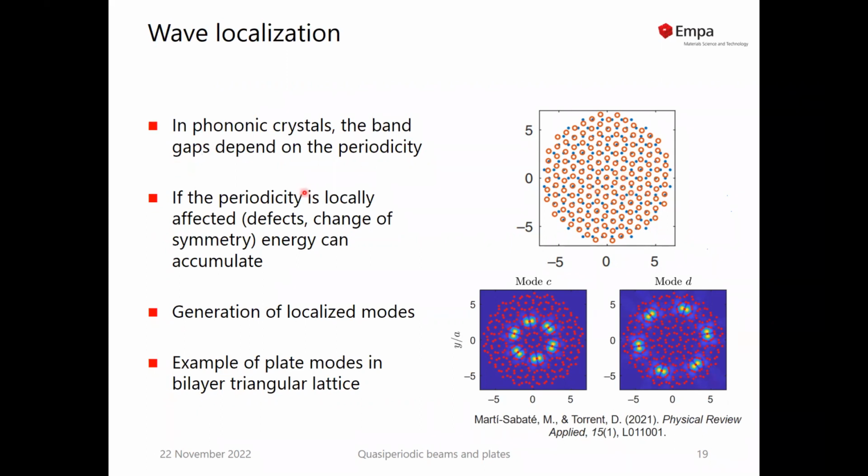And both these mechanisms, so local defects, overlapping patterns, can lead to wave localization, because locally you break the periodicity that is needed for band gaps. So with this overlapping structure, they showed really nice results where you create localized wave modes. Basically, the waves cannot travel through the bulk of the material, but energy gets trapped in certain positions.